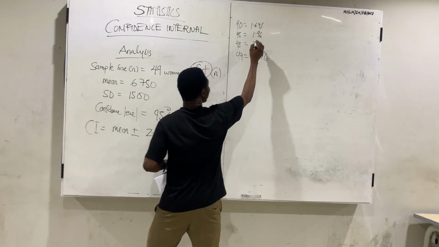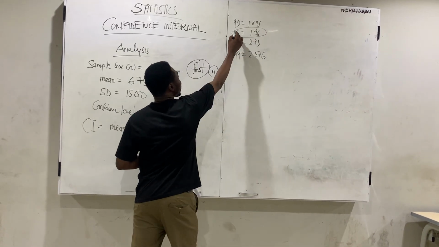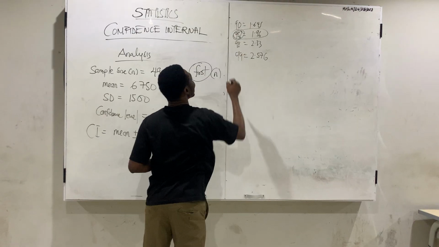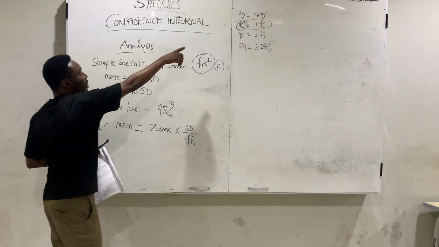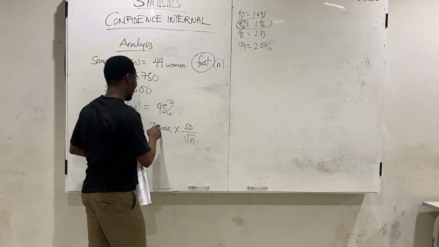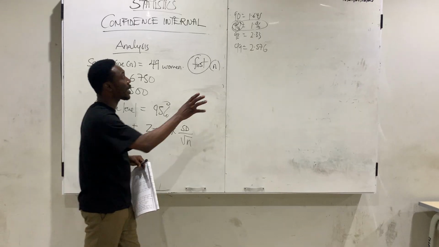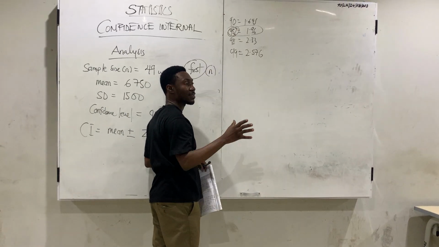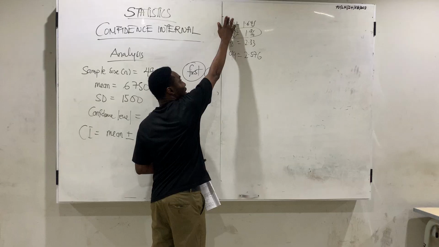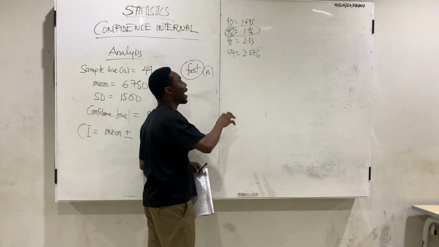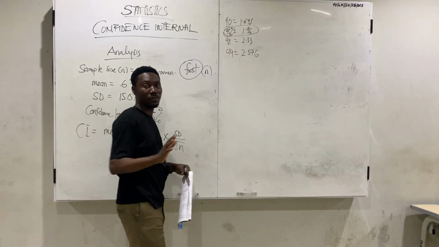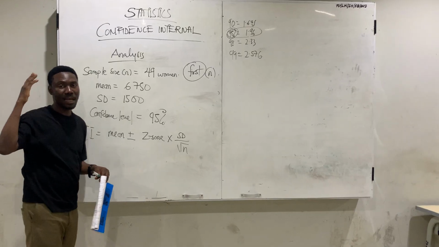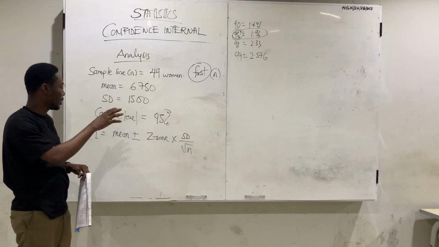So this is what we are going to use to work, because this is what the examiner gave in the question. Then you put this 1.96 into the formula. So all the time you have to memorize this. It's two things: either you memorize this or you learn how to derive the scores yourself. And I've explained all of that before we got here.